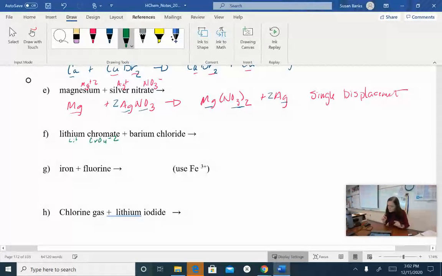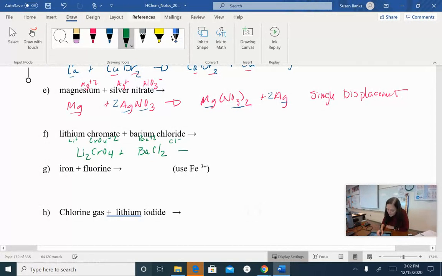Okay, so what ratio do they need to go together in? Did you say 2 lithiums? Yeah. And barium is a +2, and chloride is chlorine, which is a -1. So you need 1 barium and 2 chlorines.